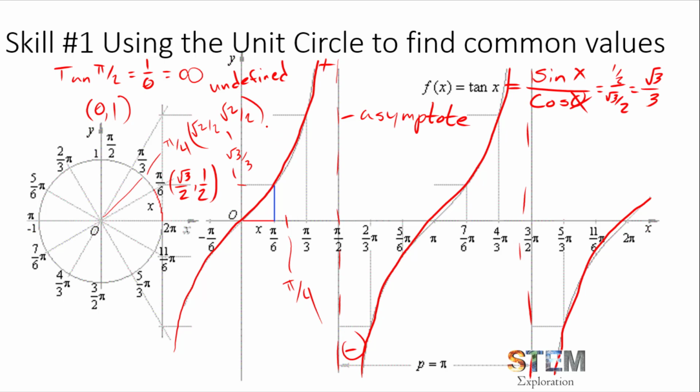And with that, if you take the tangent of pi over 4, or 45 degrees, you have the square root of 2 over 2 divided by the square root of 2 over 2, which would simply be equal to 1. And so if you know what this point is here and you trace up, at least for this specific function, because the amplitude is equal to 1, at this given point, the square root of 3 over 3, this is equal to 1. All right, and so that can be useful to keep in mind.